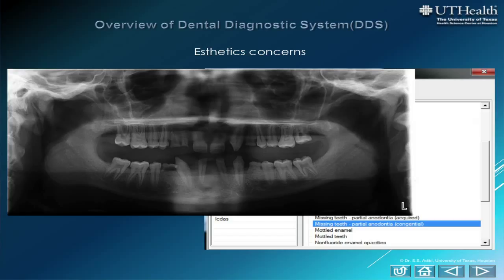No matter whether orthodontics, prosthodontics, or implant therapy approaches are needed to restore the patient's aesthetic concerns, the selection of a diagnosis such as missing teeth due to partial anodontia is appropriate for cases like this one.